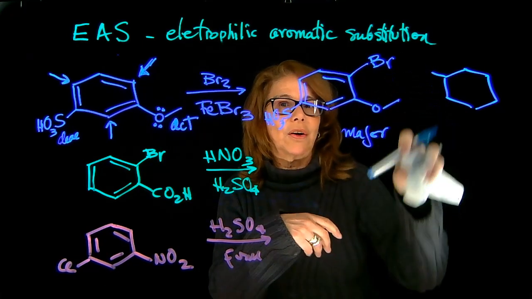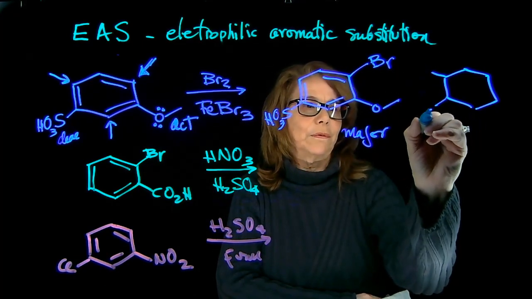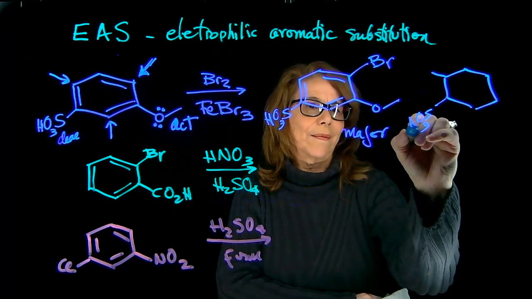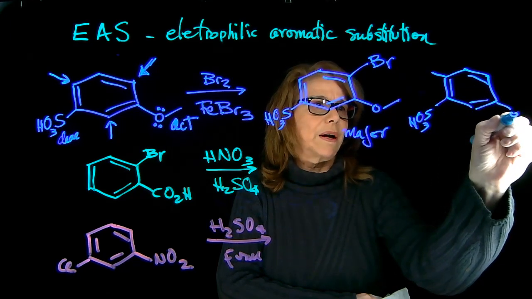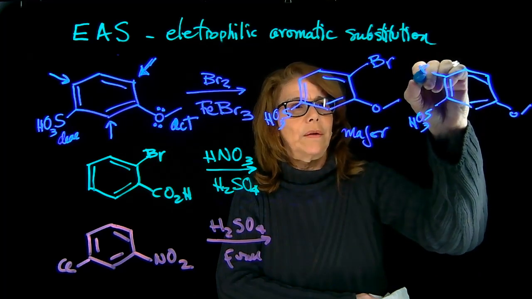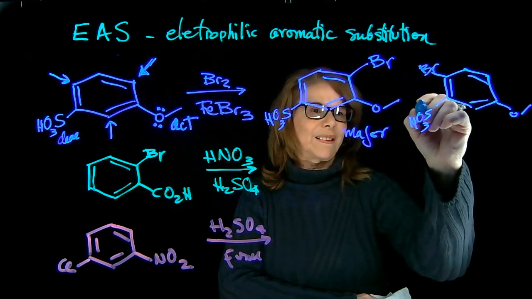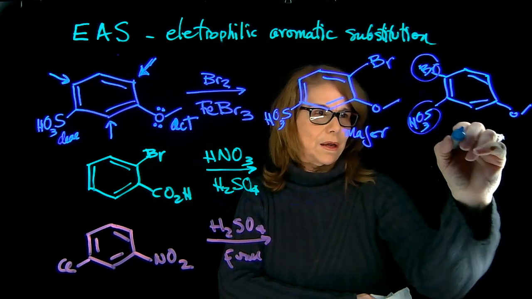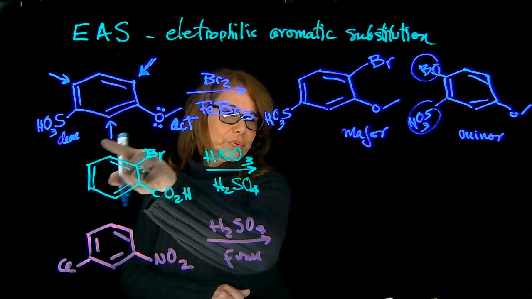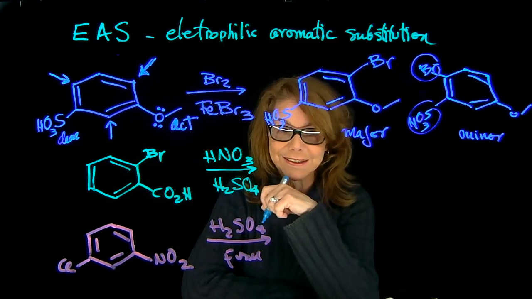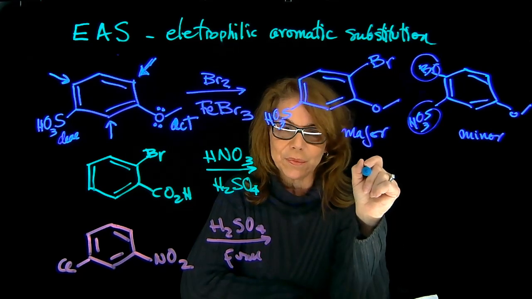I want to draw here. Here's the sulfonic acid, keeping the same type of drawing. Here's your methoxy, and here you will have the bromine. But this is minor. It's too close to that. And the other product in between these two groups is unlikely to form. So this is your major product.